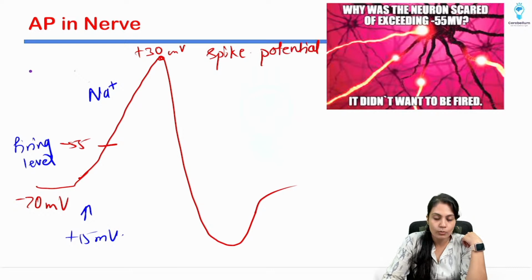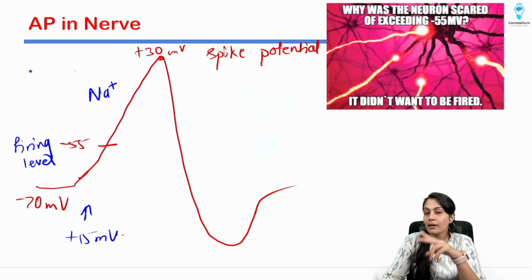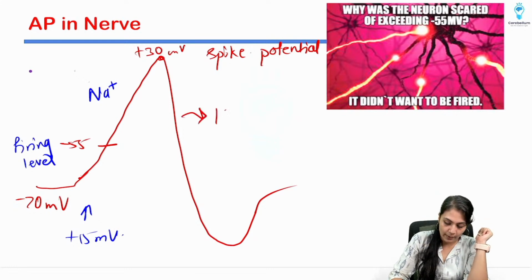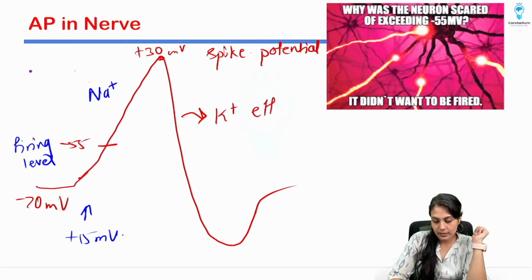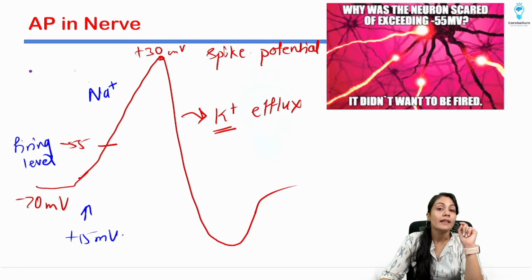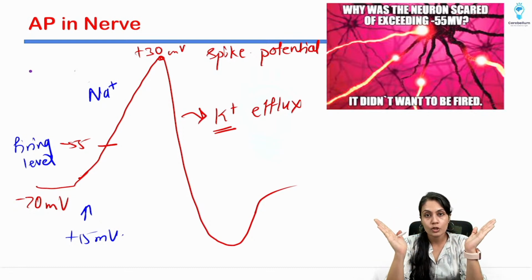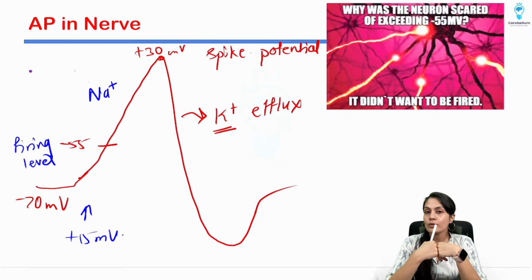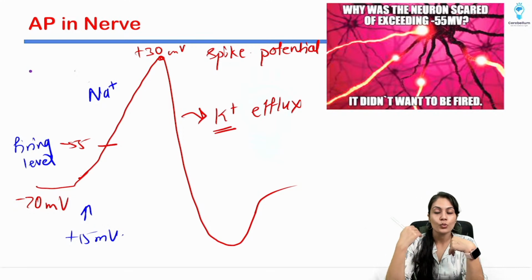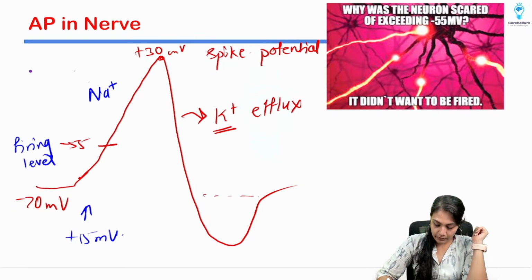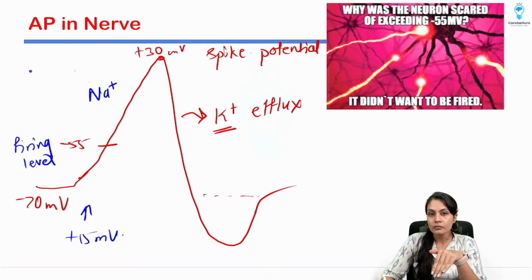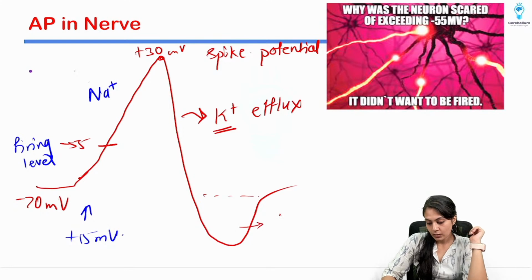As soon as it reaches the spike potential, the sodium channel will be inactivated and the potassium will open up. So the potassium efflux will start. But I discussed that the potassium, K for Kachwa, is slow to open, slow to close, and that's why even if it reaches the RMP, it won't close very quickly, and the cell goes into hyperpolarization.